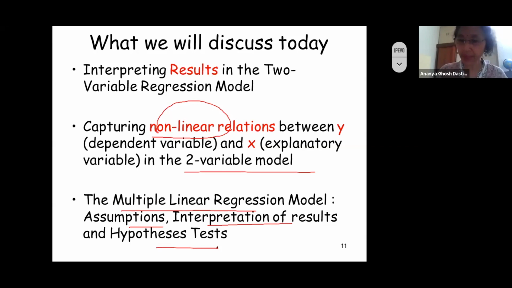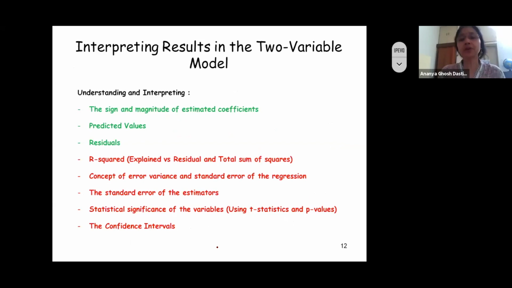Okay. So as I said, the first thing that I'm going to talk about is interpreting results in the two variable model. So if you can see on your screen, I've listed all the results that we are going to be talking about. Now here, just let me say one thing.